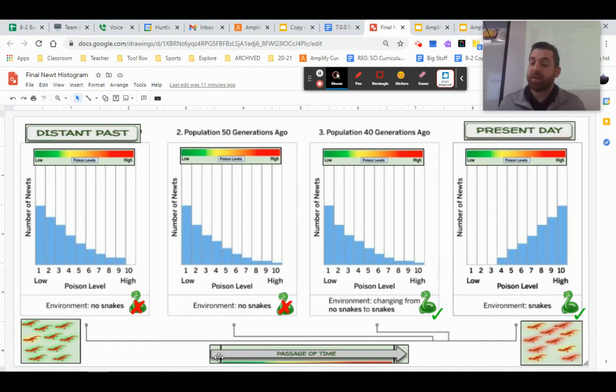Now we know that time has passed, and during that time, the population shown here at generation 50, shown here at generation 40, includes information that helps us understand and will hopefully help us model how our newts are changing over time. So this is a good resource here to help us decide not only what our model should include, but what we need to show in our model, okay?